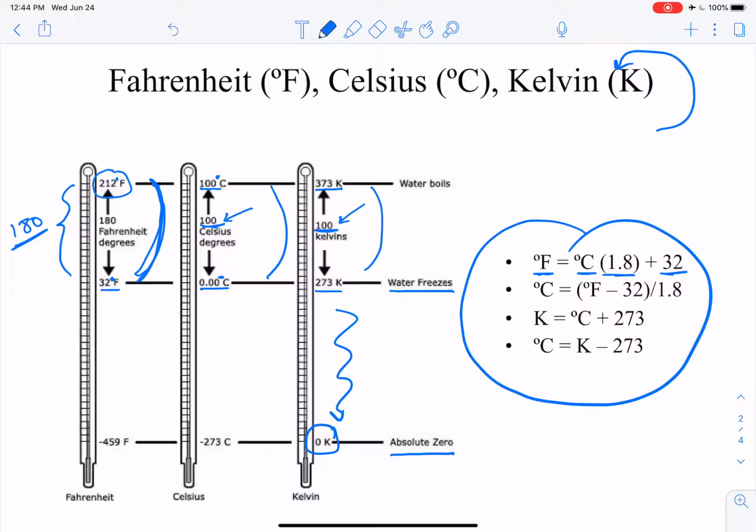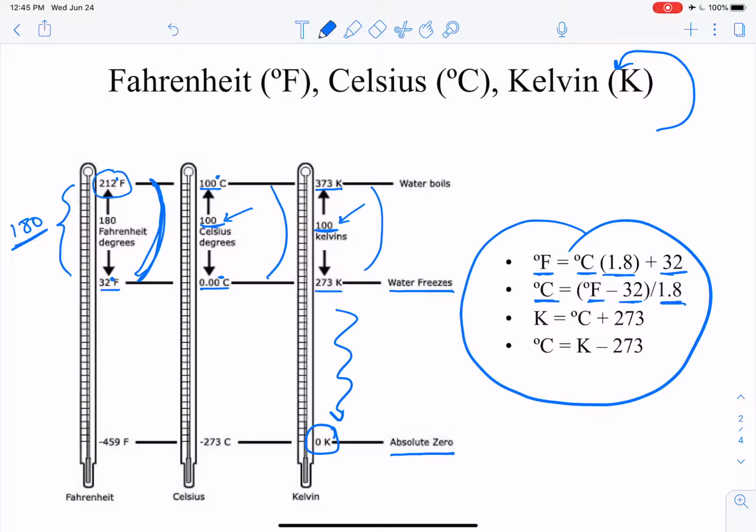If you want your temperature in Celsius, but you have it in Fahrenheit, what you would first do is take your temperature in Fahrenheit and subtract 32 from it. And then you would divide that answer by 1.8. Now, a lot of books and teachers do 5/9 and 9/5, but we're not going to do that. We're going to multiply by 1.8 and divide by 1.8 because I like that version better.